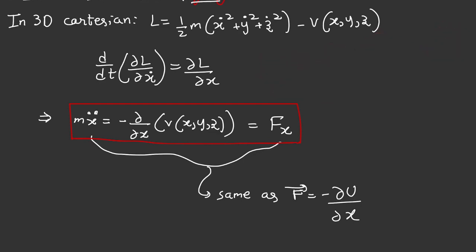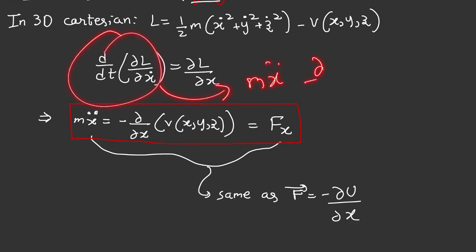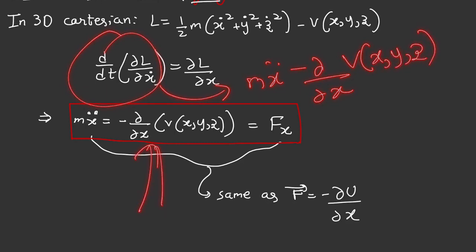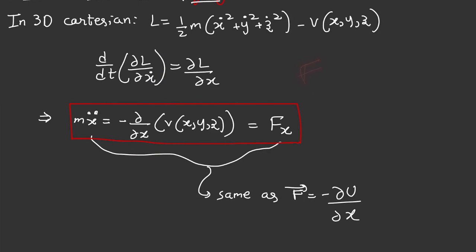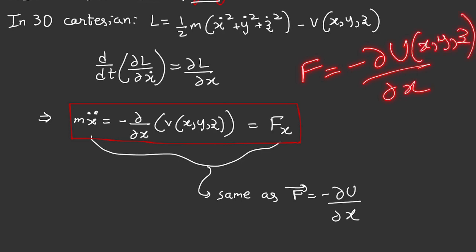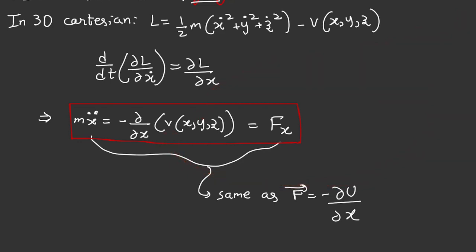Now that would be the LHS, m x double dot, and the RHS would be nothing but dou by dou x of minus V of x comma y comma z. That is what is written here. And if you recall from the definition of potential energy, force is nothing but minus del U by del x, where U is a function of x comma y comma z. So that means this is nothing but F of x.